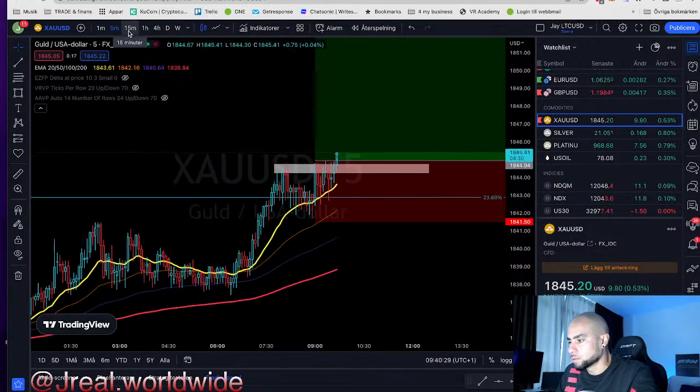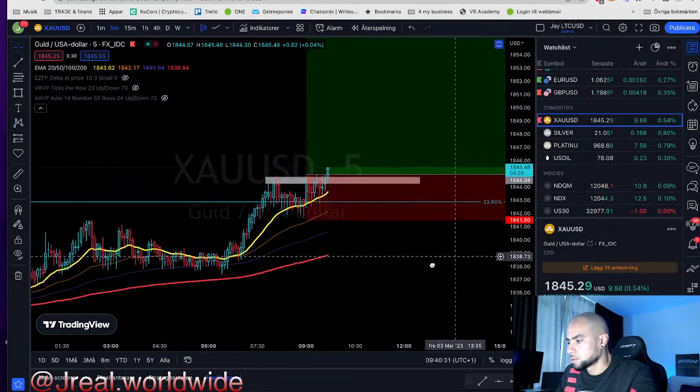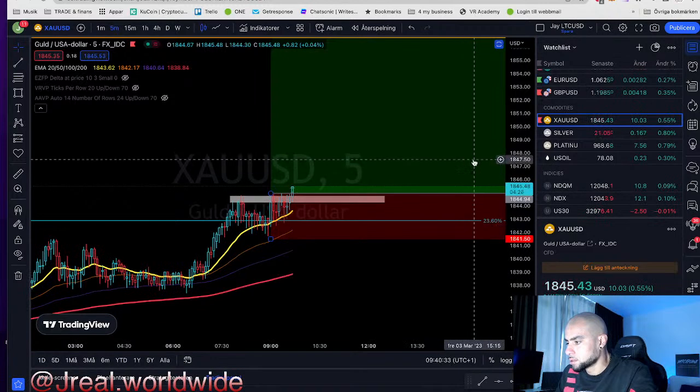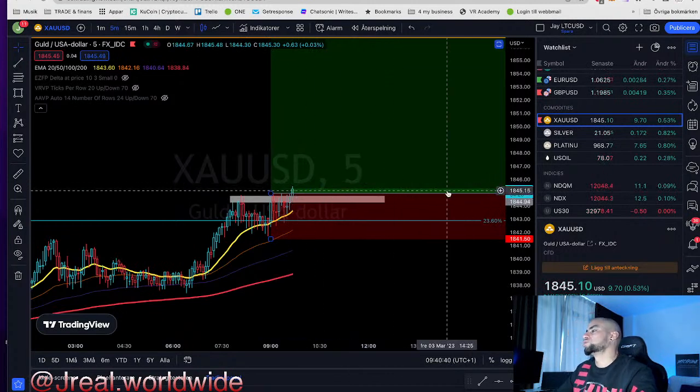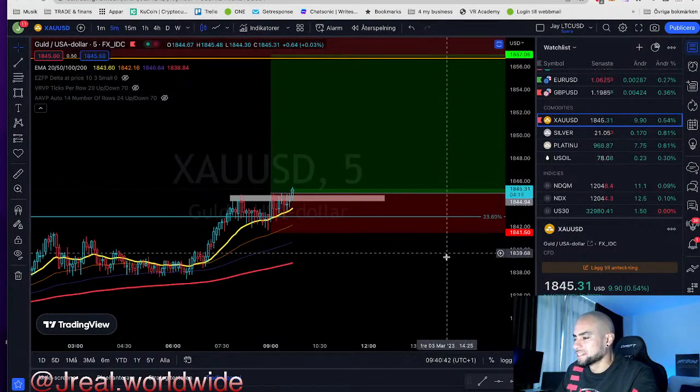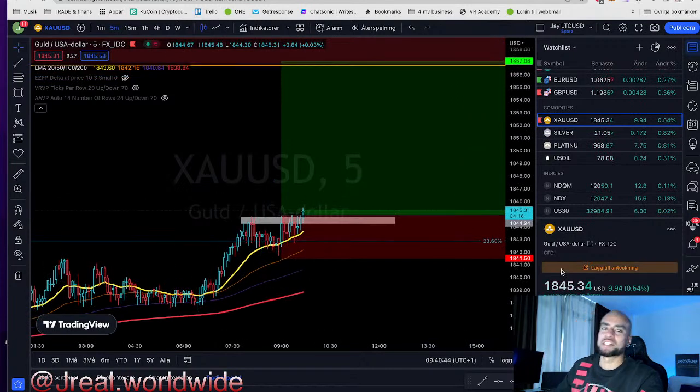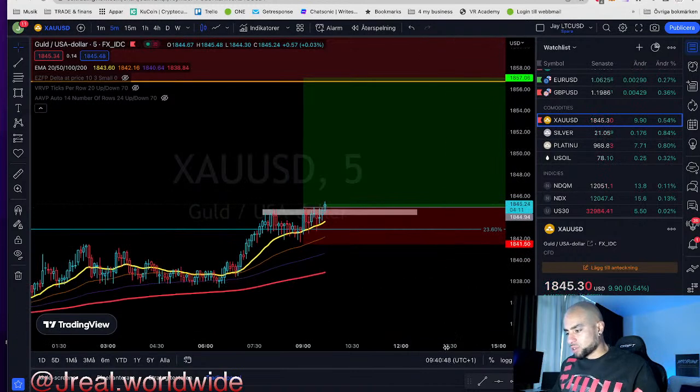All right, so wait for this 5 minute candle to close. I know you want to jump in quick. Guys, this is when patience and discipline comes in. Trust me, even me, I want to jump into the market.